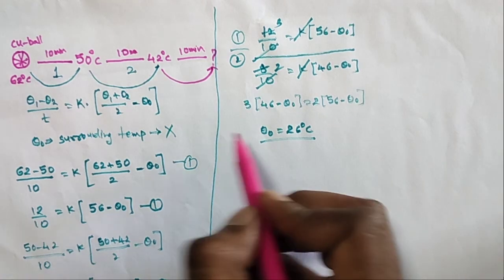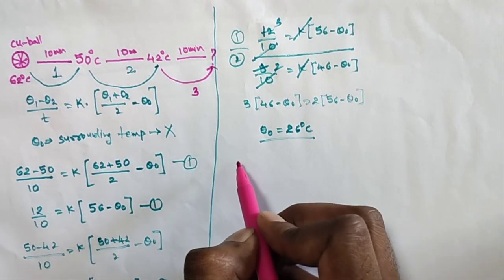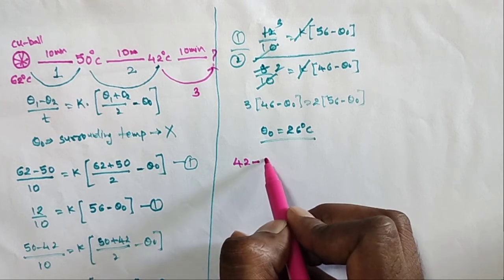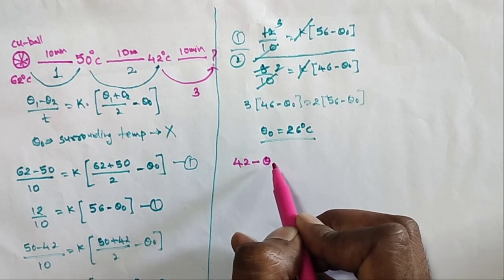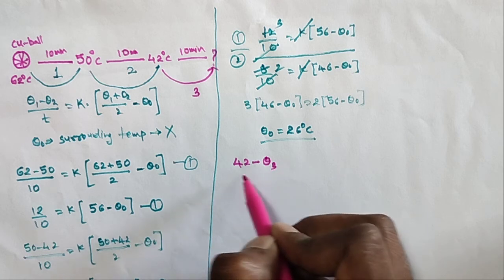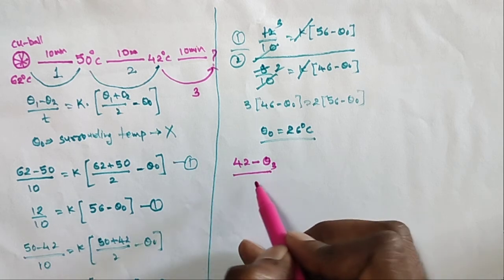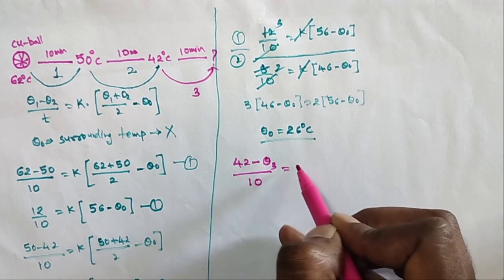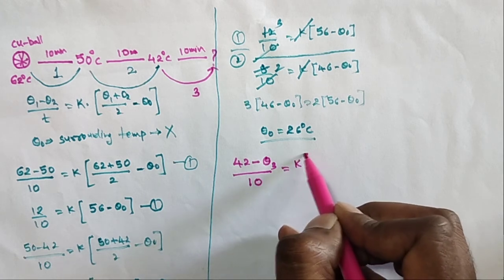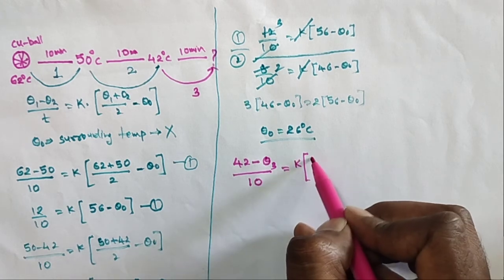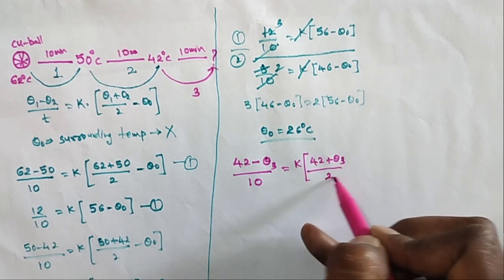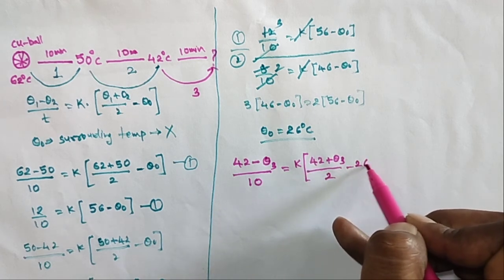So I am taking this as the third condition. In this case, 42 minus, I don't know that temperature. I am taking here theta, suppose theta 3, in the next 10 minutes, by k into (42 plus theta 3) by 2 minus 26.